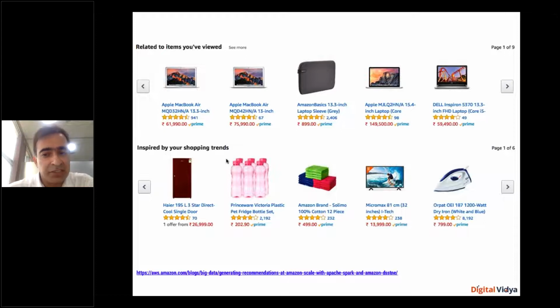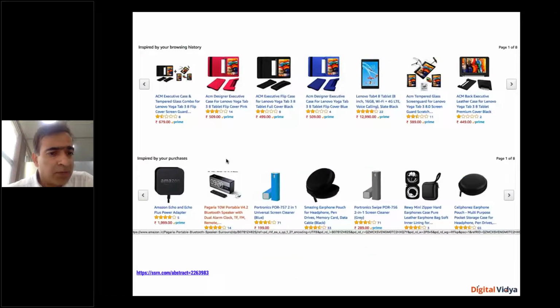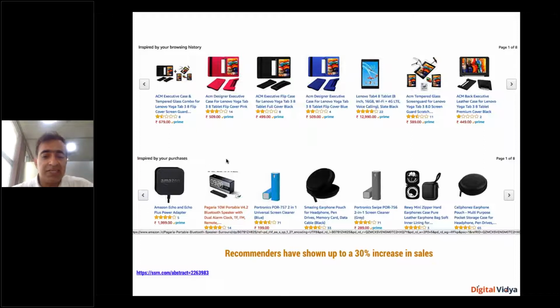It's a machine learning algorithm working at the back end, right? There are also a lot of other things coming up inspired by your browsing history and your purchases, and it has been suggested that these recommendations help a business increase sales by roughly 30%. That's the data that's there on various websites, right?